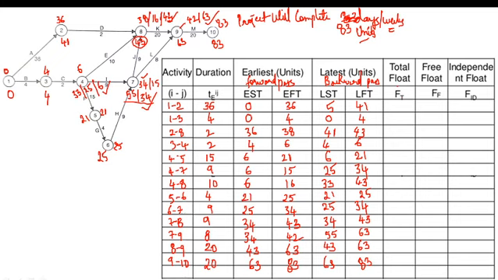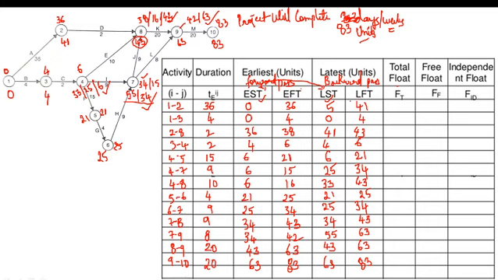Total float is nothing but the difference between EST and LST, or the difference between latest start time and earliest start time, or latest finish time minus earliest finish time.